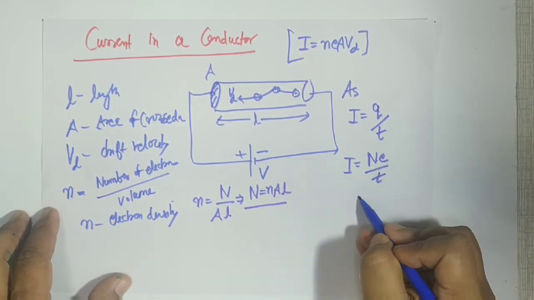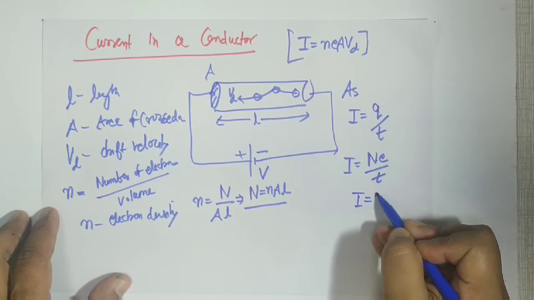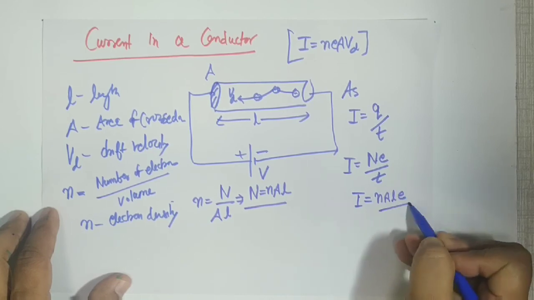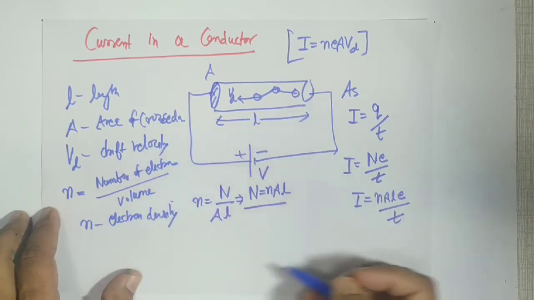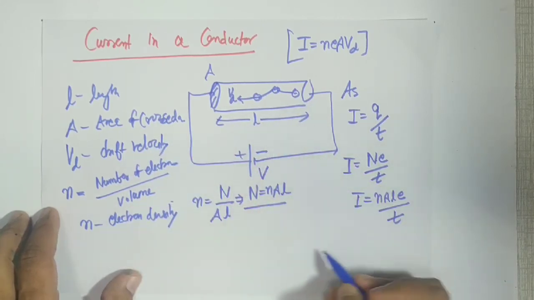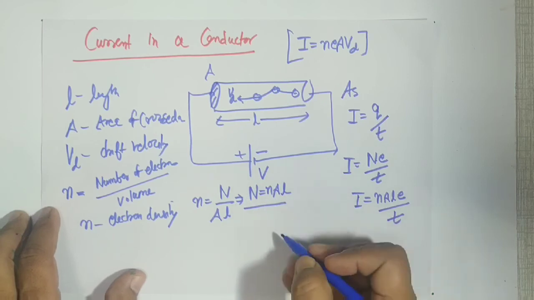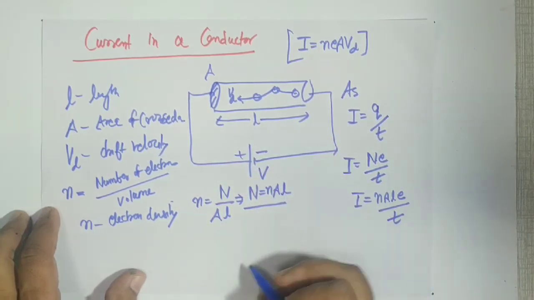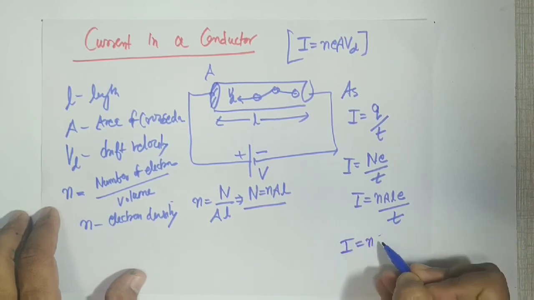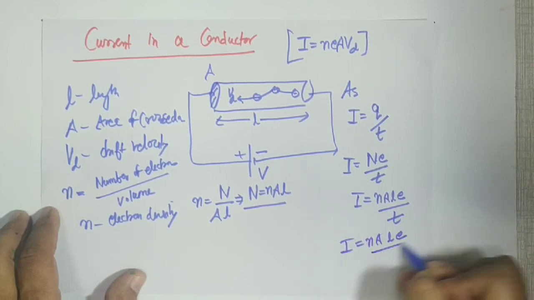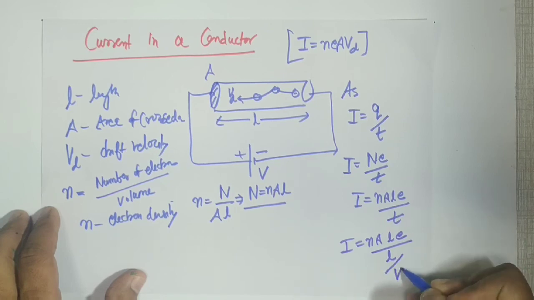So we put it here: nALe by T, and the velocity is Vd. We know that the time is distance upon velocity, L by Vd.